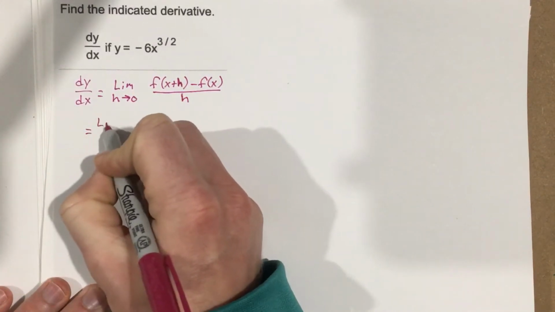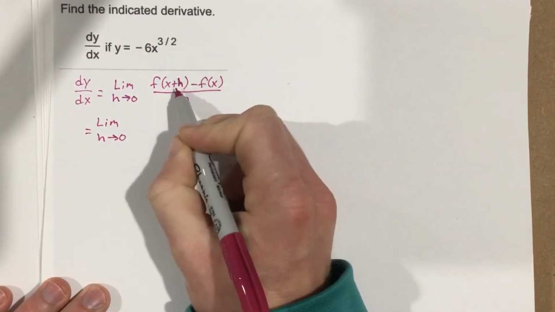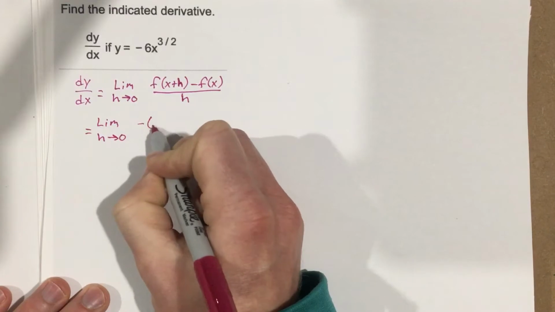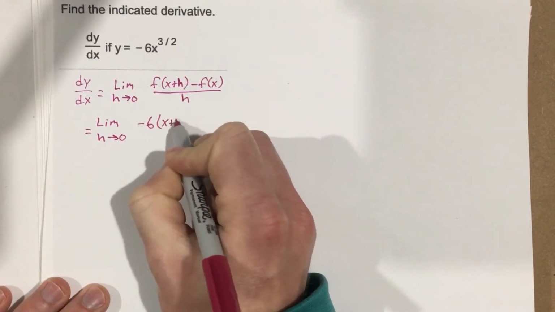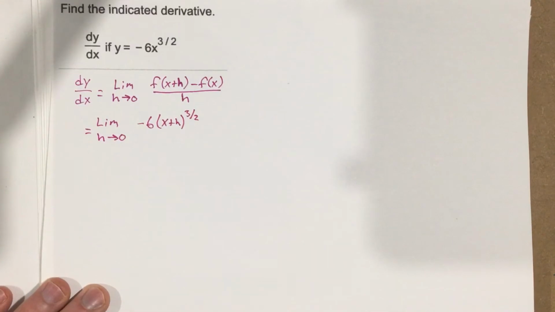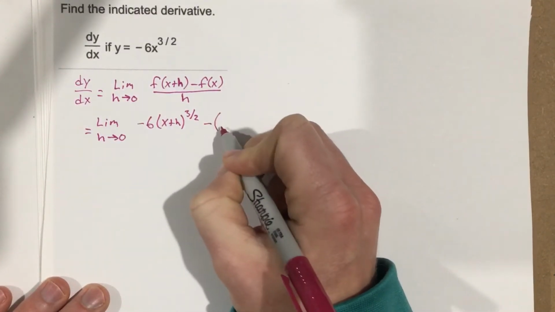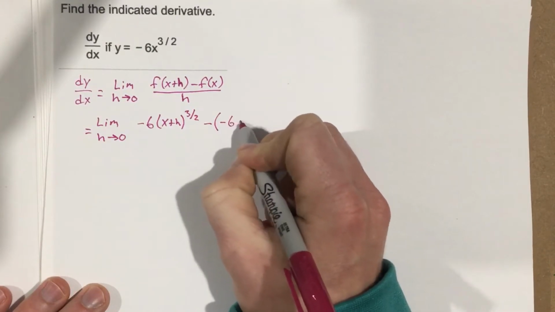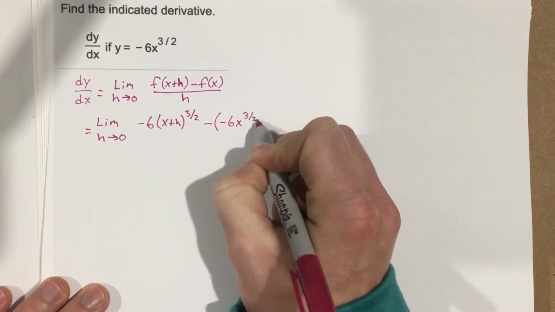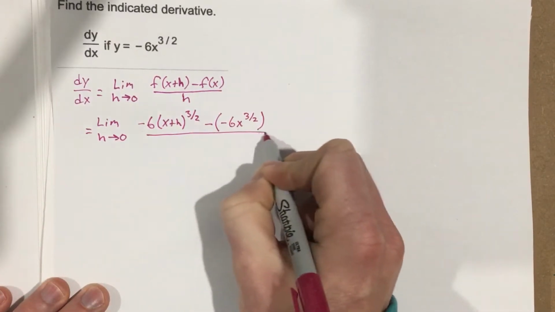Limit as h approaches 0. Plug in x plus h, we get negative 6 x plus h to the 3 halves, and then minus negative 6 x to the 3 halves, right? Just minus the function. And this is all over h.